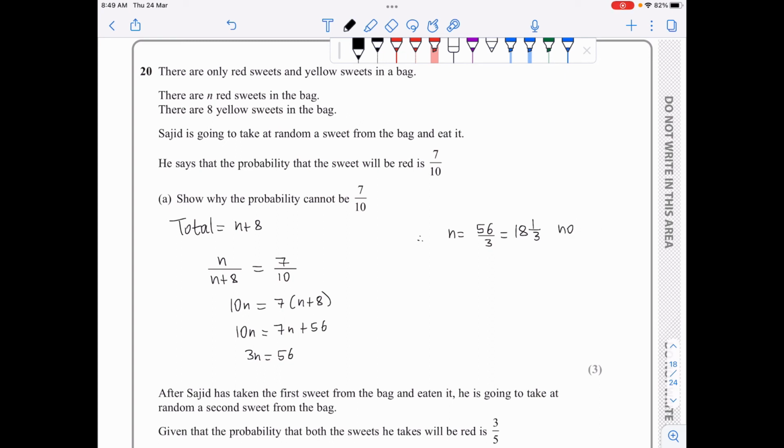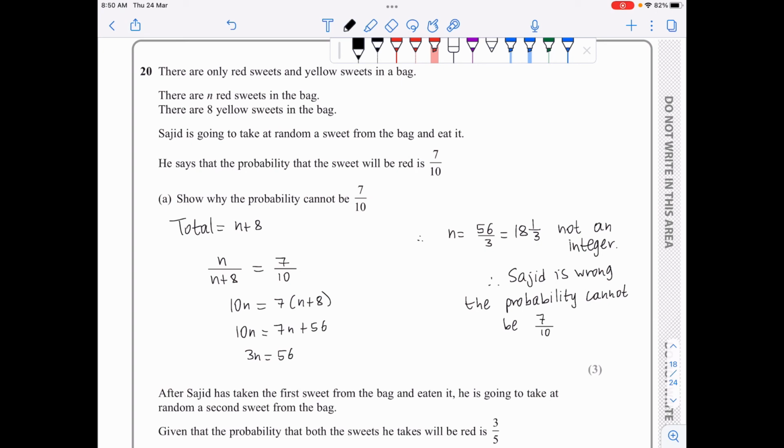We can't have a non-integer number of red sweets. So this means that Sajid is wrong. The probability cannot be 7 over 10. So we need a good explanation here to justify our conclusion.